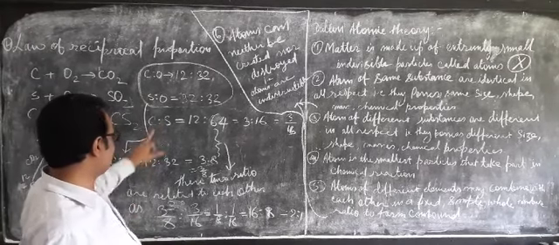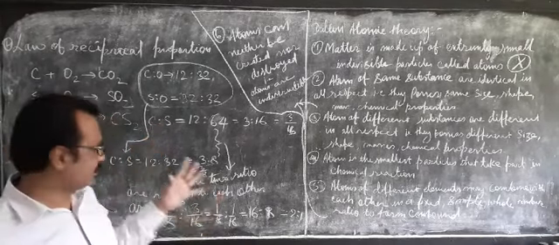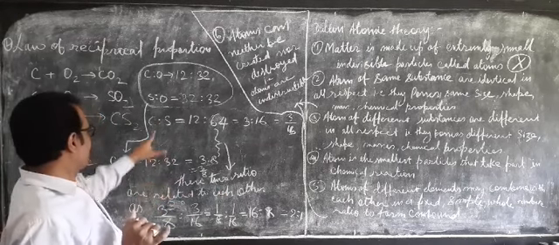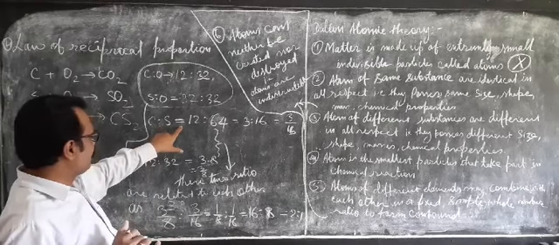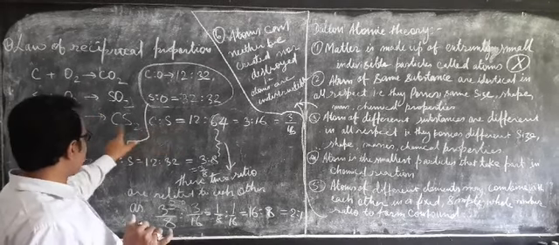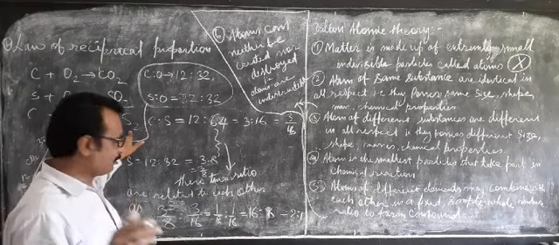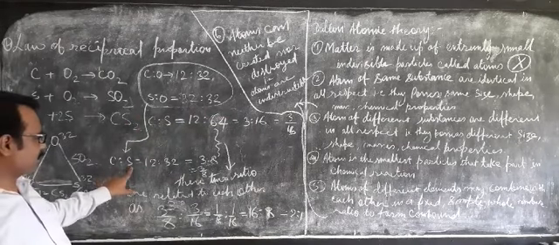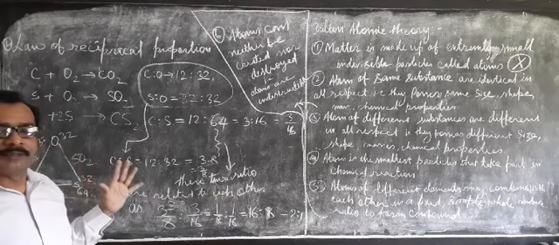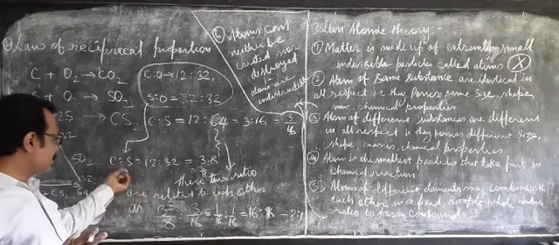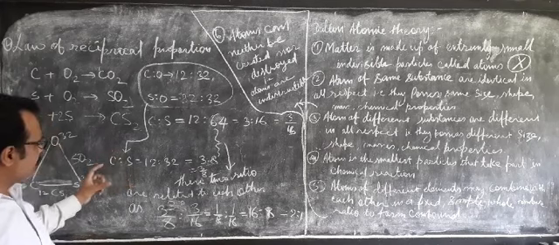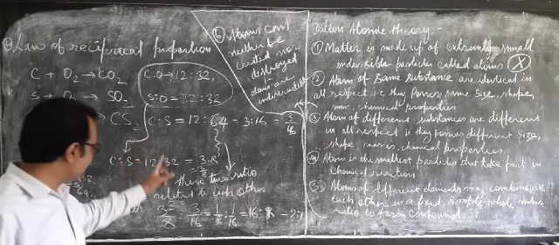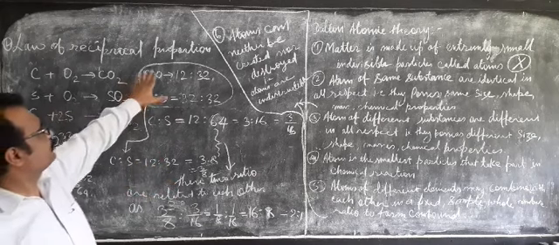These two are the ratios of the same elements, carbon and sulfur, but the situation is different. This ratio of carbon and sulfur, 3 is to 16, is when a particular compound, carbon disulfide, is formed. But in the other ratio there is no combination of carbon and sulfur here; 12 gram of carbon and 32 gram of sulfur both react with oxygen.